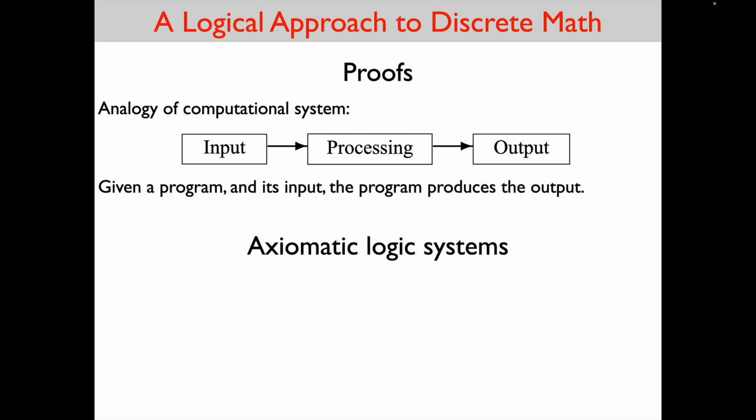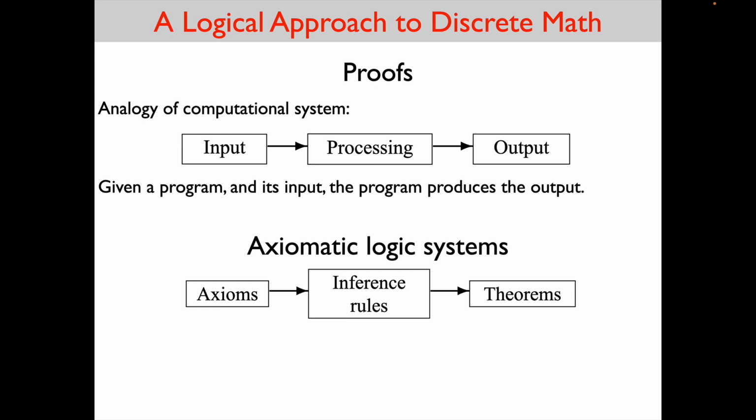So here's what an axiomatic logic system does. In the same way that a program takes input, processes it, and produces output, an axiomatic logic system takes axioms and uses what is called an inference rule. And the inference rule takes the axioms, and the inference rule produces theorems.